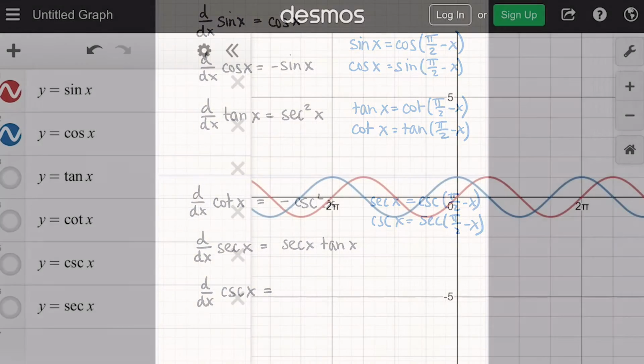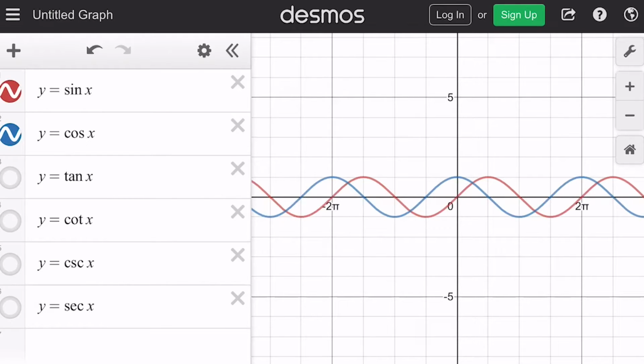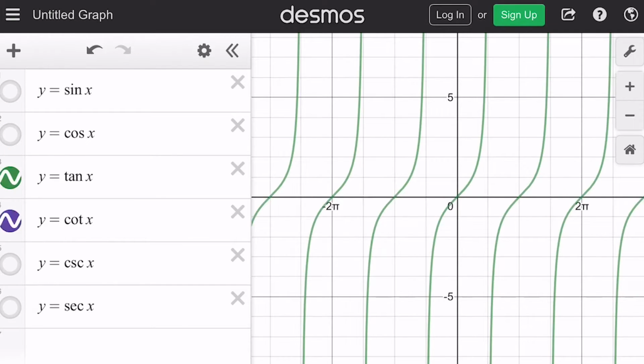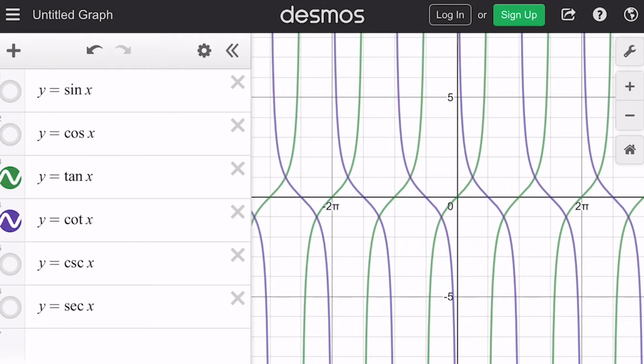The cofunction pairings are really easy to remember by just thinking of their graphs. Sine and cosine have almost the same graph, but they're just horizontally offset by pi over 2, and sine and cosine are cofunctions of each other. The same is basically true for tan and cotangent.